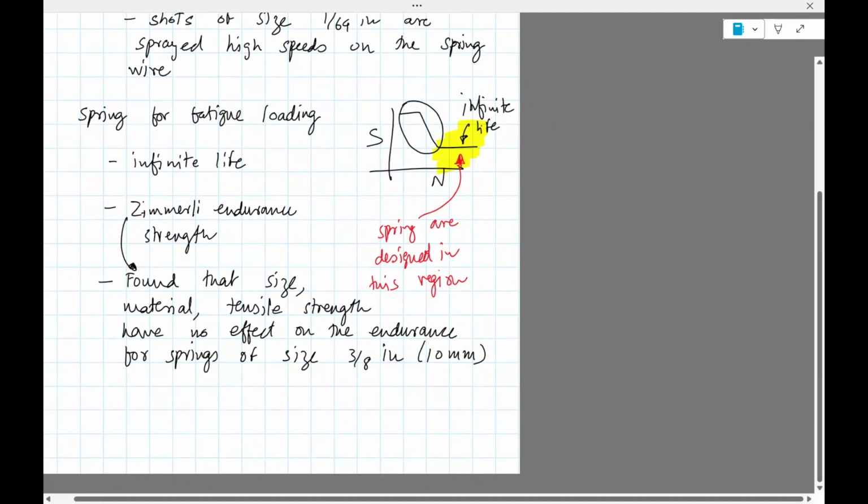Okay, so that's basically his contribution. Question: 3/8, do you mean the length of the spring or the diameter? The diameter of the spring.